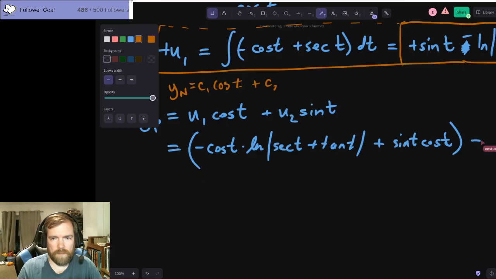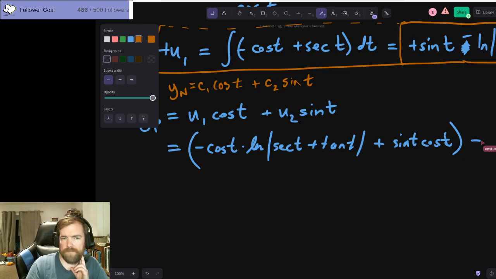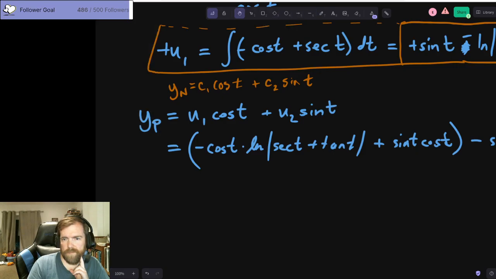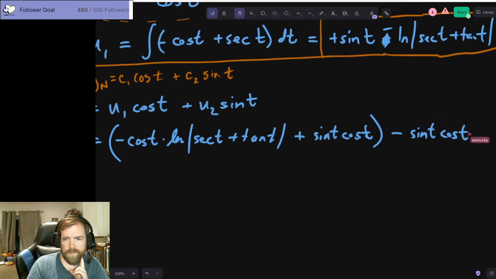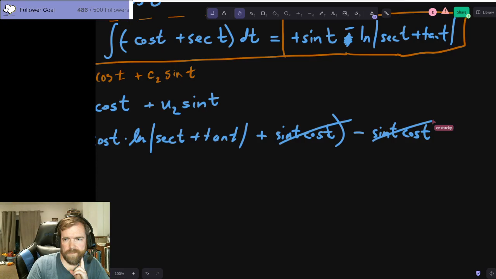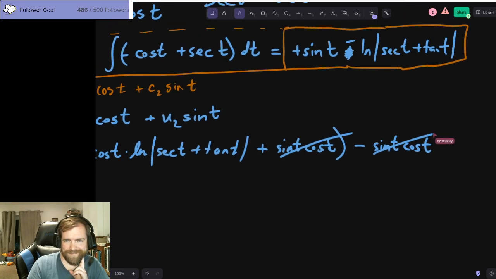And then we need to add u2 times sine, which is minus sine times cosine, and math.